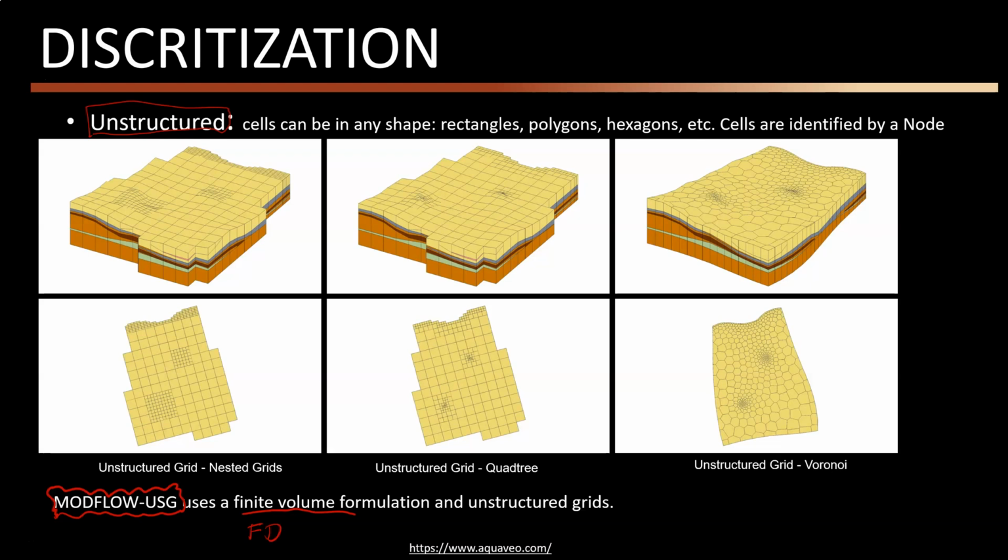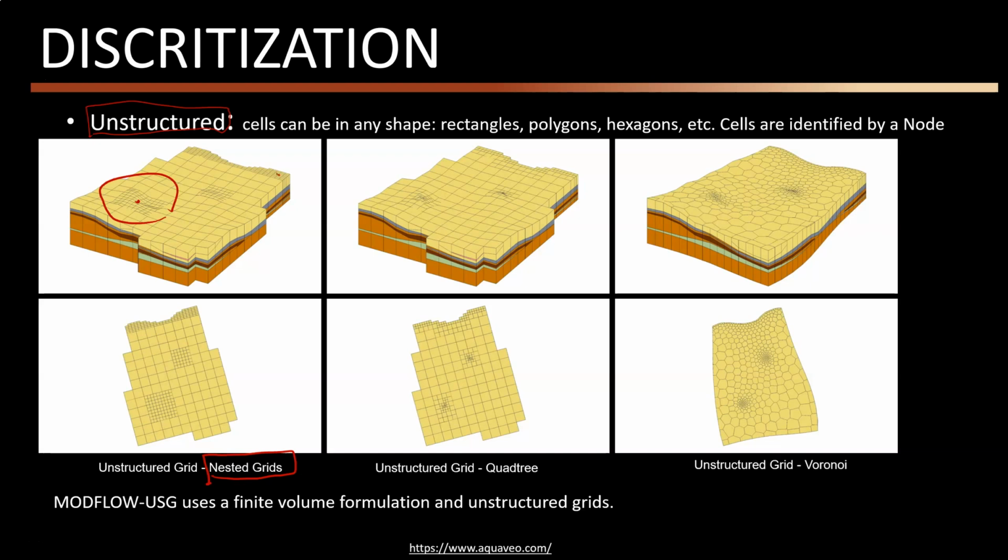But before comparing these two models, you need to know that there are multiple ways to develop an unstructured system. Usually they categorize them into 3 groups. The first one is nested grids. In the nested grids, for example, if there is a well here, and we are interested in knowing better what's happening around the well, we need to use smaller cells.